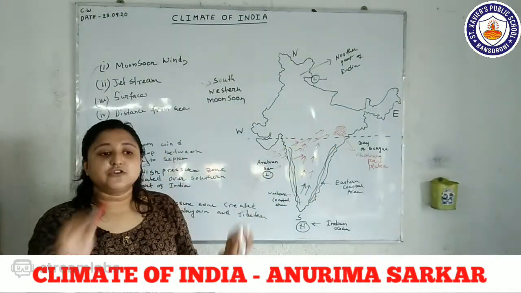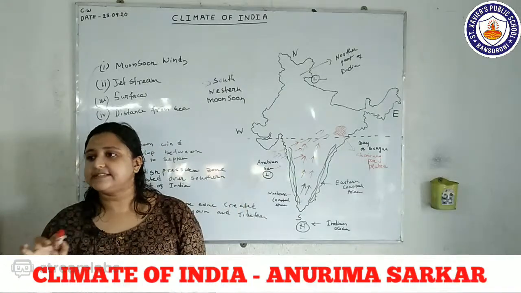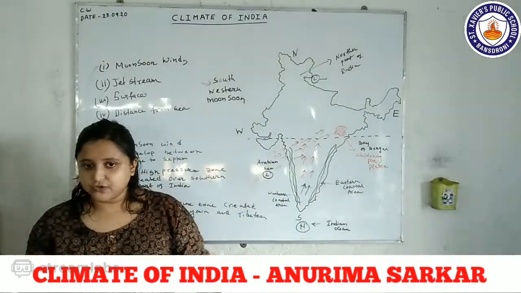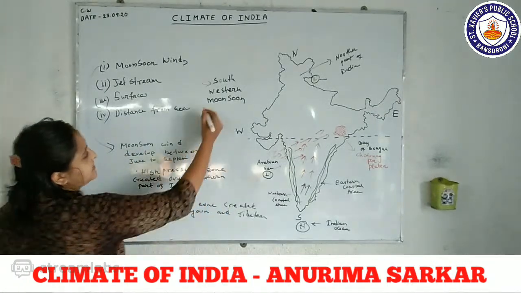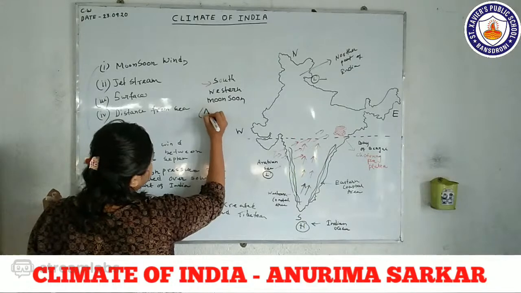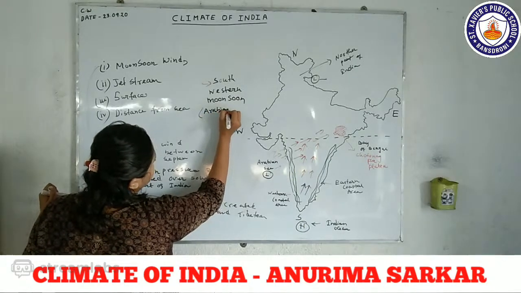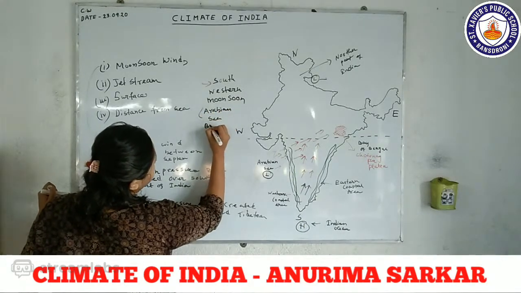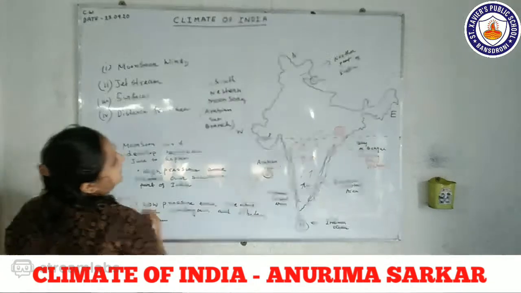Is that clear? So this whole wind system is known as the southwestern monsoon, and the branch name is the Arabian Sea branch, right?